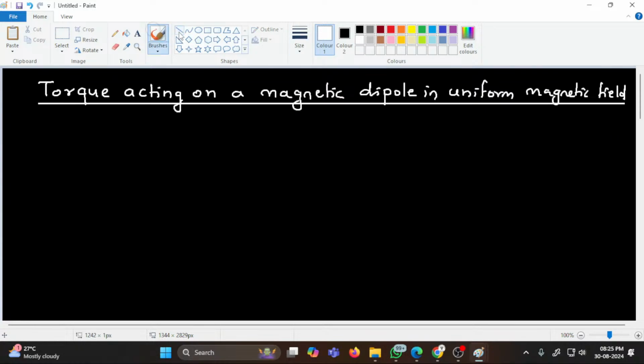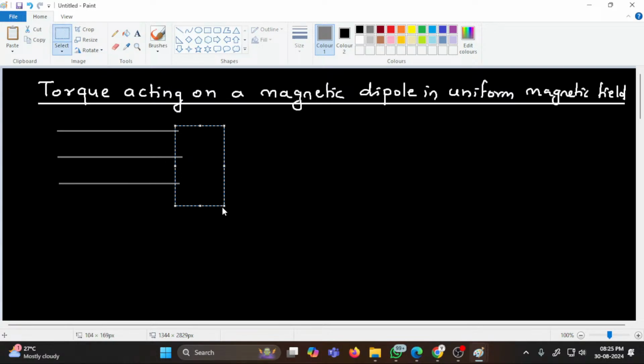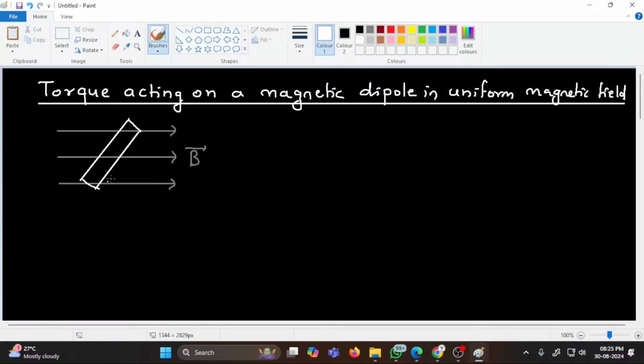How is it there? So uniform magnetic field is like this: equidistant horizontal straight lines representing uniform magnetic field. So this is your magnetic field b bar, and our bar magnet is like this. This is the n pole of the magnet, this is the s pole of the magnet.